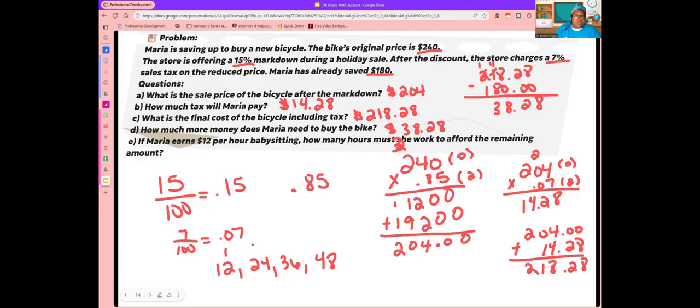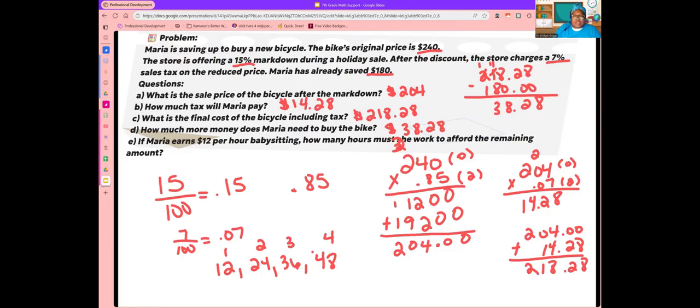So this would be 1, 2, 3, 4. So she would need to work an additional 4 hours. That will have her with $10.28 left over, which is great to have some money left over. And actually, she would have a little less than that, but she would have enough to be able to afford her bicycle.